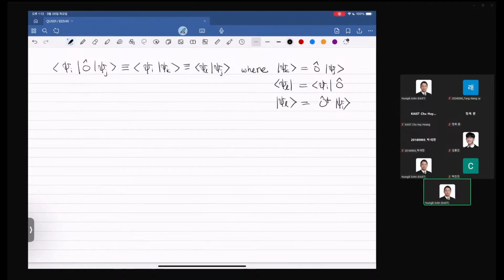So that psi l is the one where you apply O dagger, which means complex transpose, to psi i as a ket. And then you get quantum state psi l. Then you turn this into a bra shape, and with the original psi j, you take the inner product, okay? That's the rule of the bracket notation.